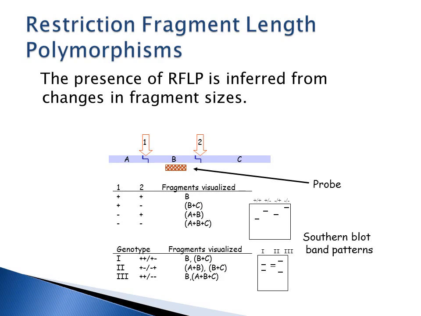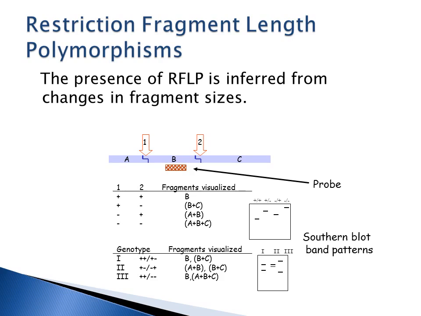So remember, in southern blot, you take your genomic DNA, you digest it, you run it on an agarose gel, you then blot the DNA onto a nitrocellulose membrane, you block the membrane, you then add your probe, and you want your probe to hybridize to a specific region of your DNA.